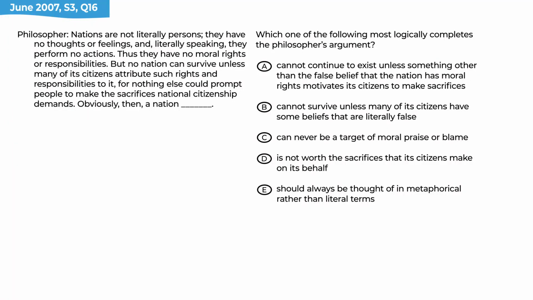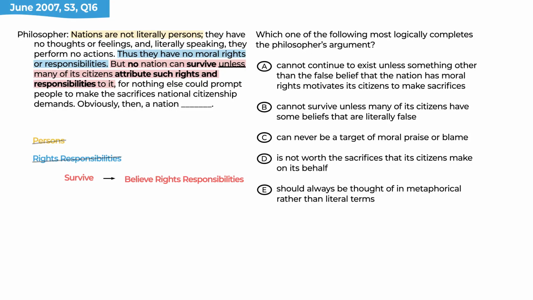All right, so in this case, we know that nations are not literally persons. And furthermore, we know that nations have no moral rights. Next, we're told that no nation can survive unless many of its citizens attribute such rights and responsibilities to it. So the word unless is going to organize this sentence into an if-then relationship. It says that no nation can survive unless.